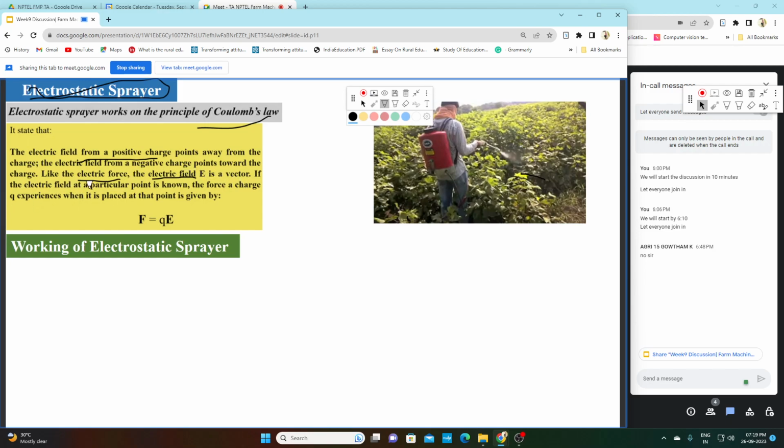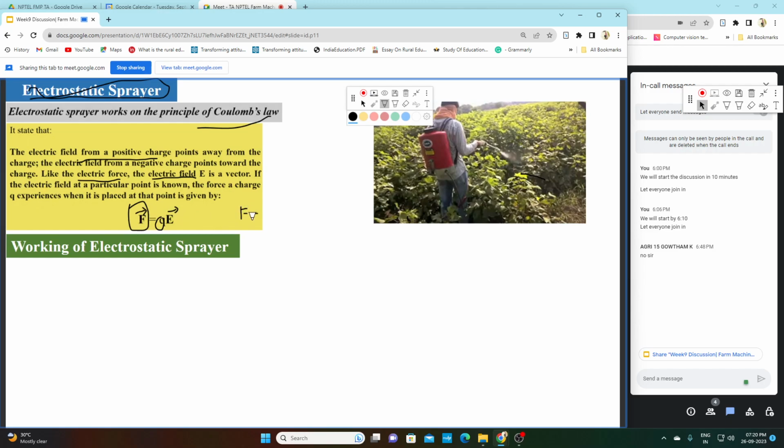If the electric field at a particular point is known, the force a charge Q experiences when it is placed at the point is given by F equals QE. F is also a vector and E is also a vector quantity. So this is the electrostatic force F equals QE. Q is the charge and E is the electric field.